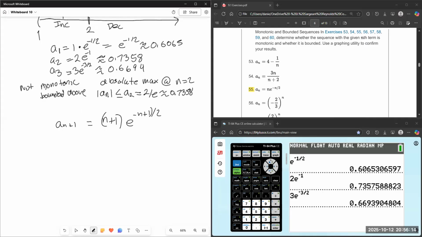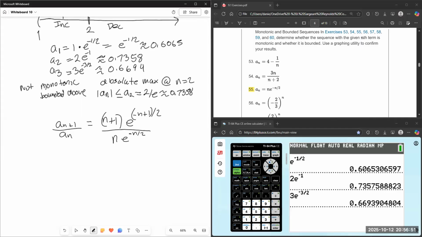And occasionally we can compare this by dividing by, say, a sub n, which was n e to the negative n over 2, and see if this is a bigger number divided by a smaller number, then it's going to be greater than 1. If it is a smaller number divided by a bigger number, it's going to be something less than 1.